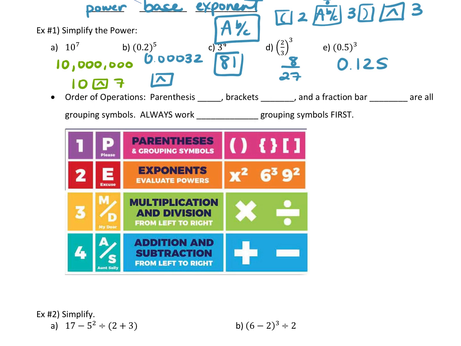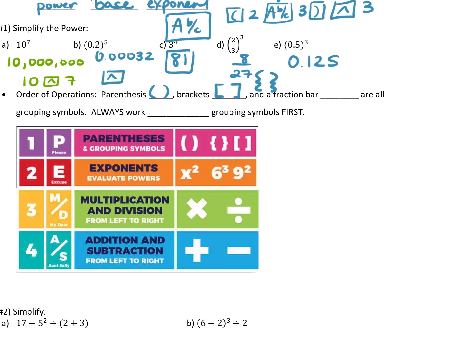Okay. Order of operations. This is PEMDAS, right? Please excuse my dear Aunt Sally. And my dear stays together and Aunt Sally stays together, okay? So parentheses are either going to be this. Brackets are usually this, but sometimes you'll even see these as brackets.